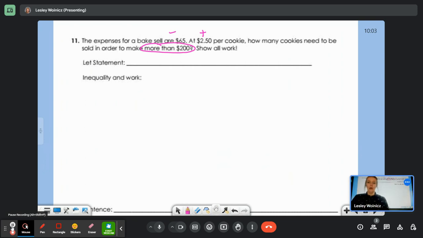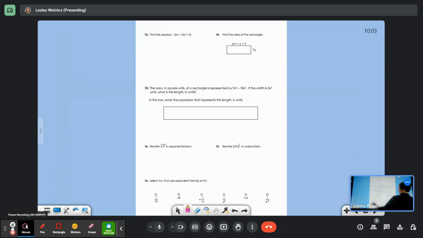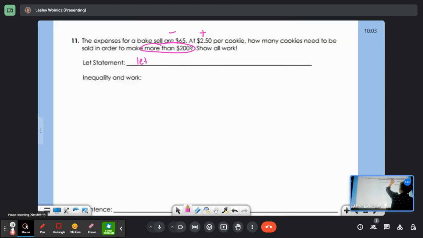Okay, go. Okay, what did you guys say for your let statement? Let x be cookies.